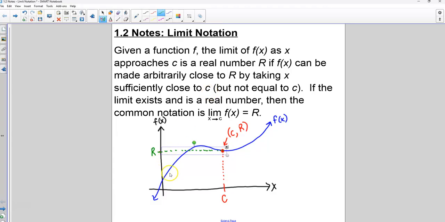As my x coordinate gets closer and closer and closer to c, your y value is going to get closer and closer and closer to R, right? You could have a hole right there. It's still getting close to that point, right?